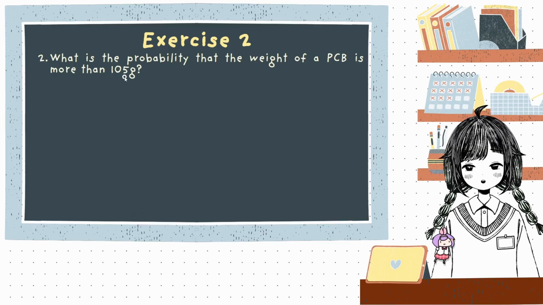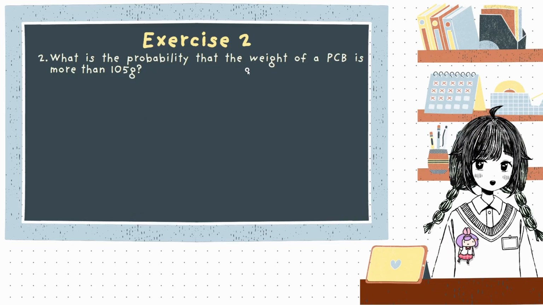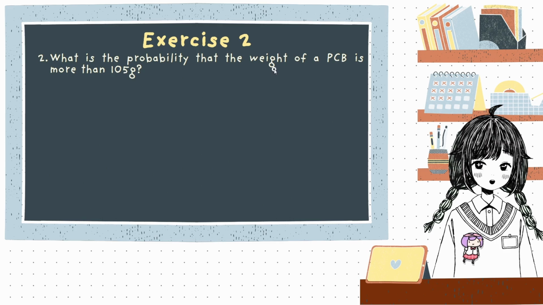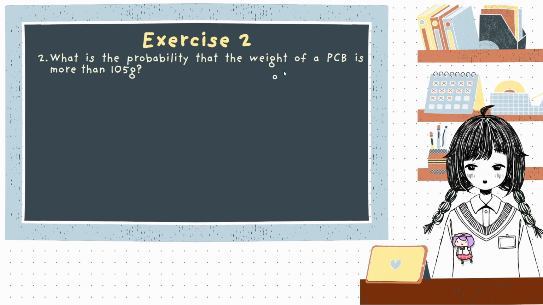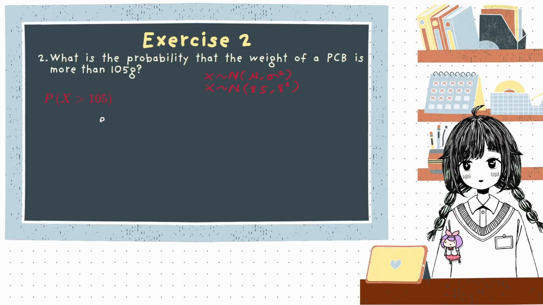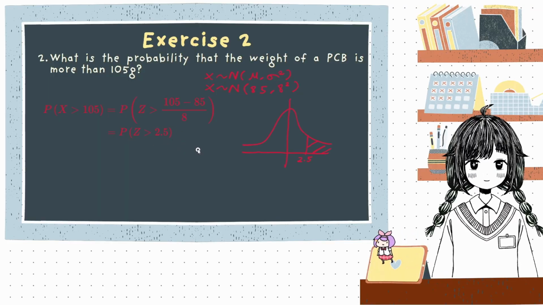Next, question 2 is, what is the probability that the weight of the PCB is more than 105 gram? This is easier than the last. So more than 105. Solve the equation and we get Z more than 2.5.